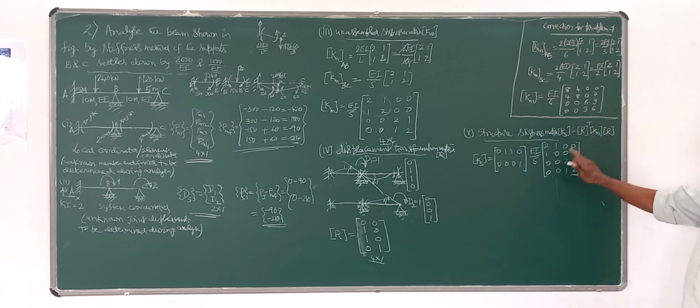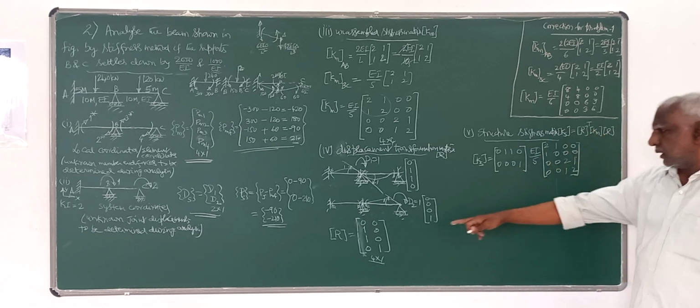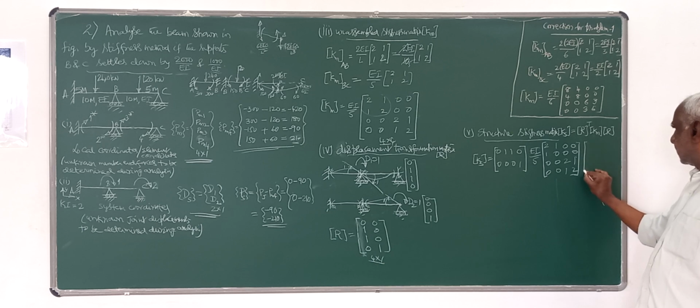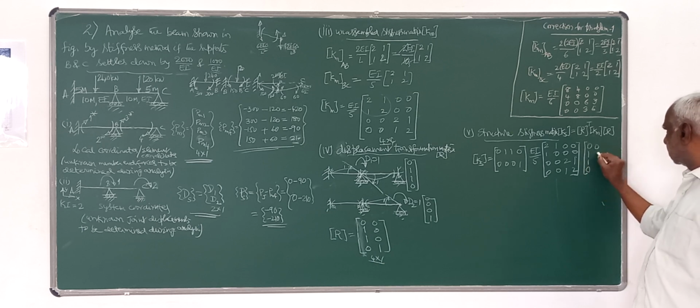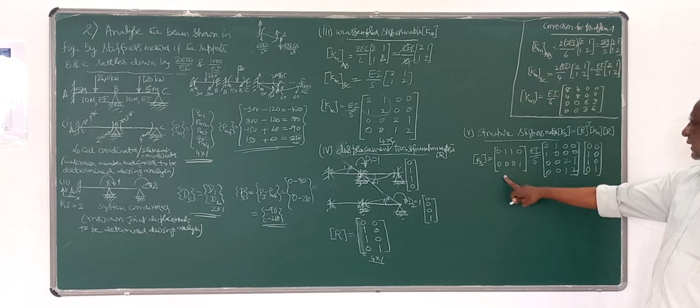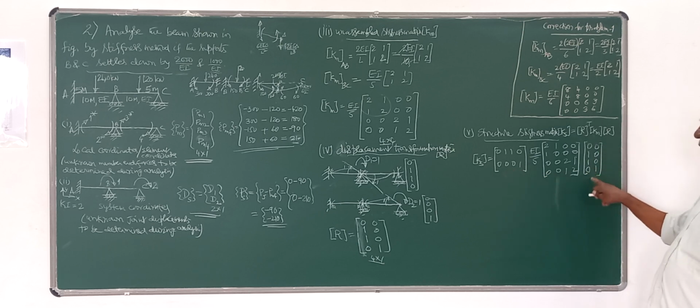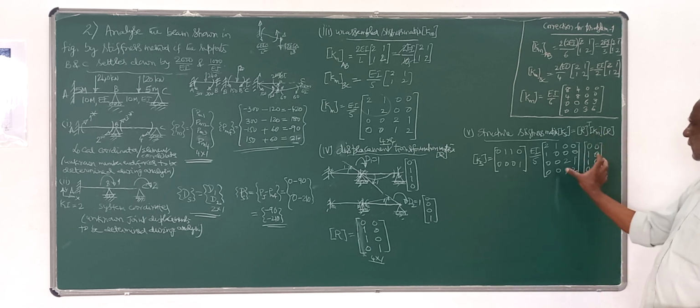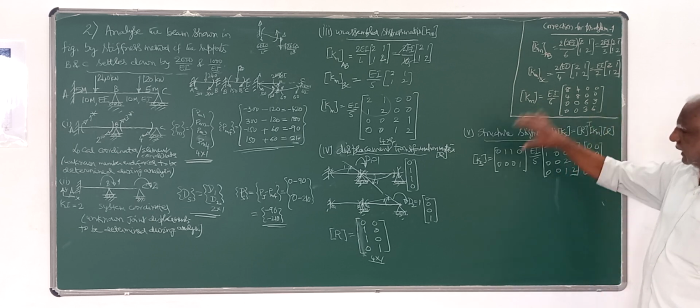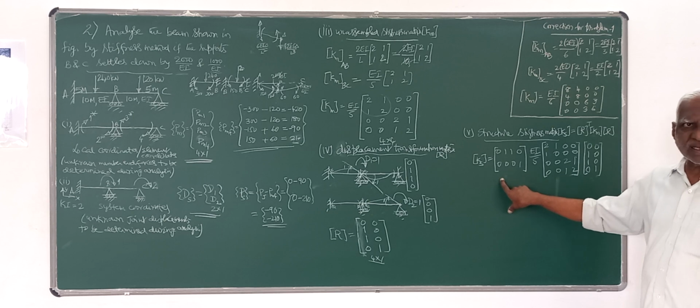That is Km into R. R is again this, that is 0, 1, 1, 0, 0, 0, 0, 1. So this is RT Km into R. So if you multiply these two first and then multiply the result with this.